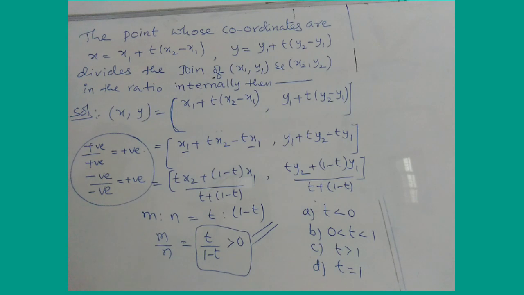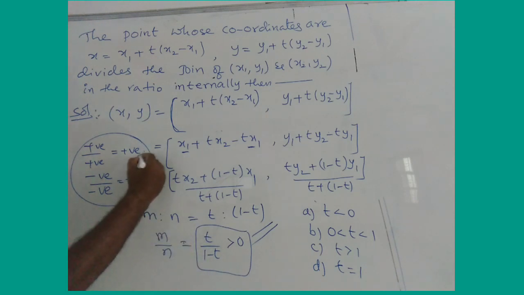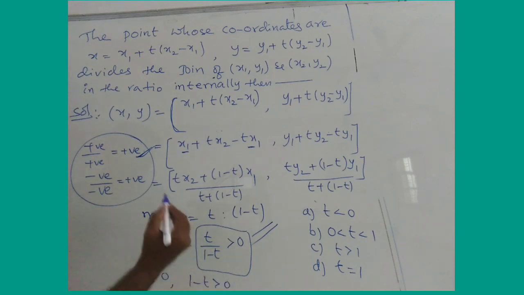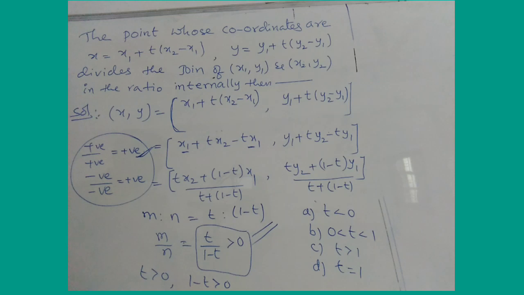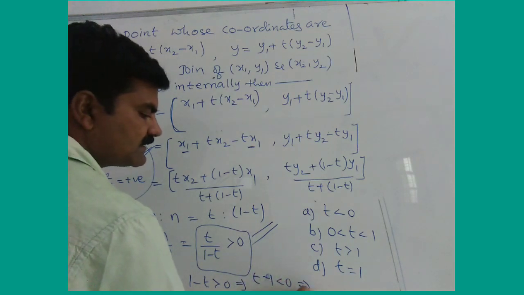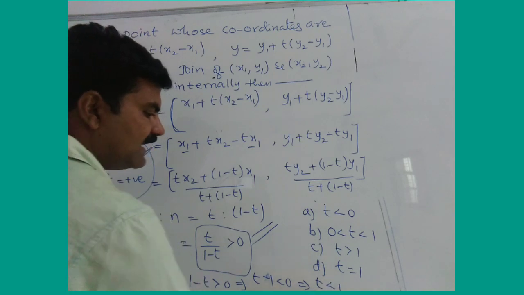So now let us see here, case 1, if you take t is greater than 0 and 1 minus t is also greater than 0, right? From this, if you take minus common, t minus 1 less than 0, that implies t less than 1.